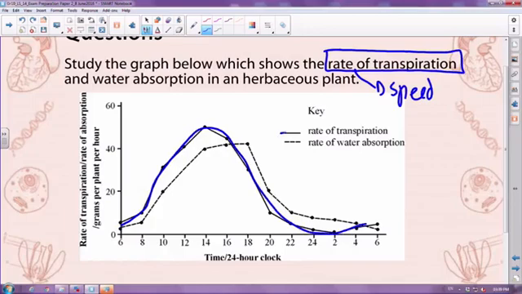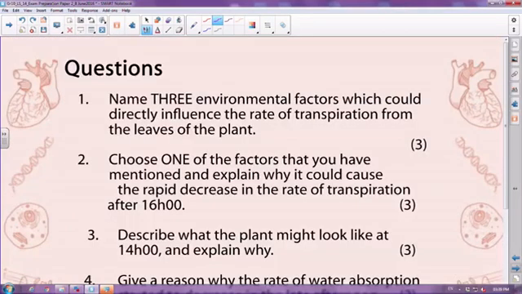Now, the pink line shows the rate of water absorption. So in other words, what you're looking at is a graph showing you how a plant loses water and how a plant absorbs water. Let's have a look at our questions and see where they are going.